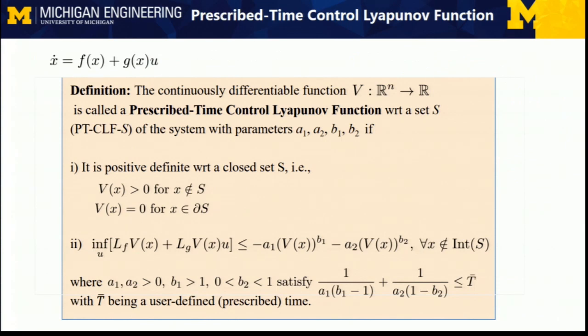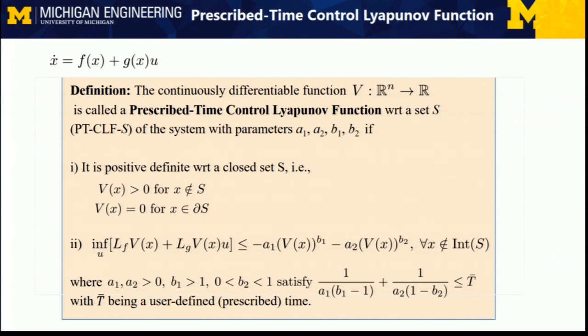Okay, so what is the new element that we need in order to solve this problem? We are going to define here a continuously differentiable function V, so we want essentially a function V that satisfies these fixed time convergence properties that I was describing earlier, okay?